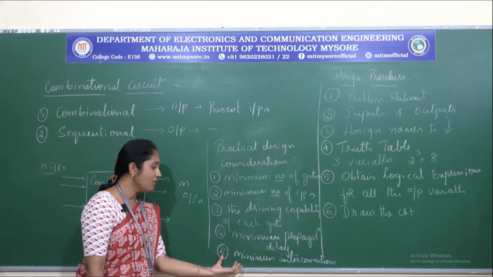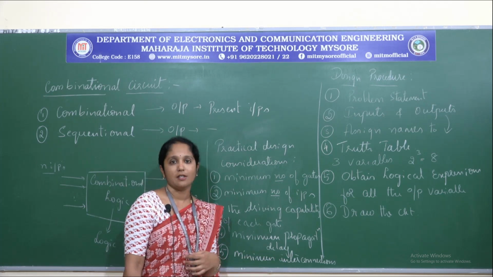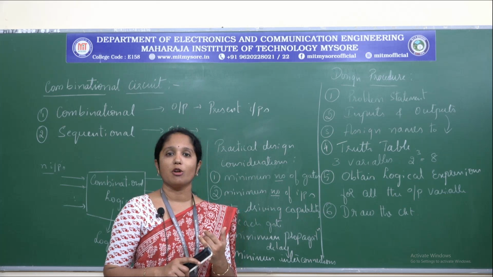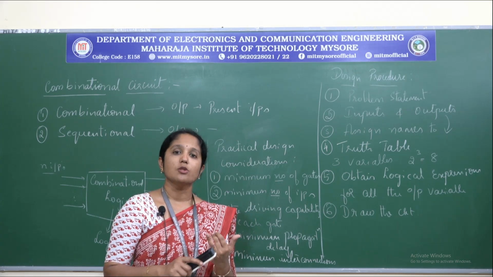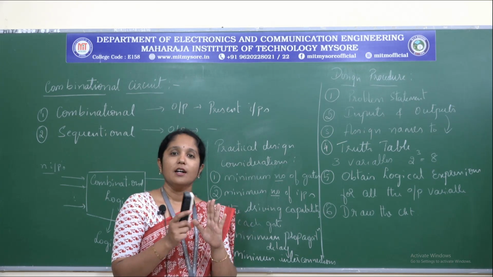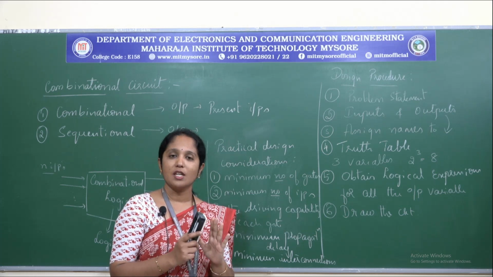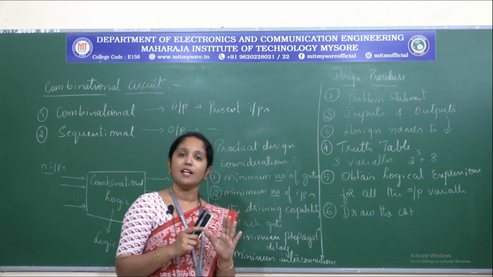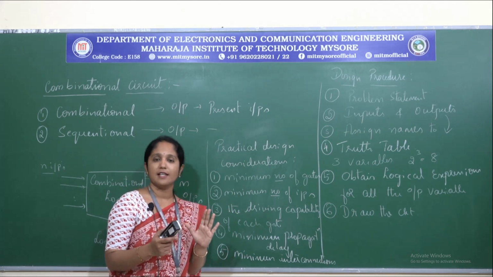The last consideration we have is minimum interconnections. Interconnections also contribute to the propagation delay. So we need to see that the gates are placed very close to each other so that the wires, or the length of the interconnections, are less.